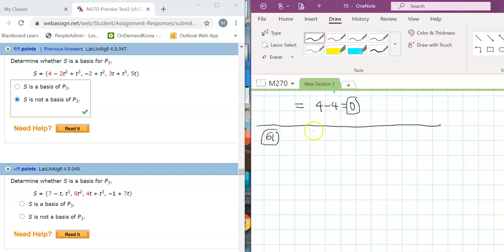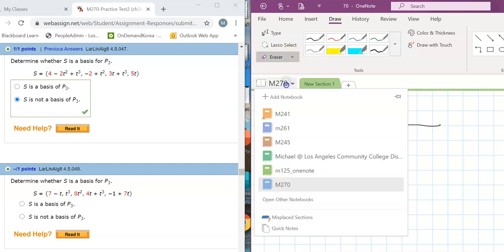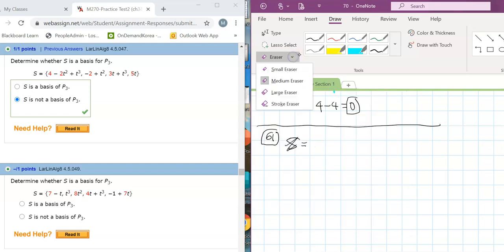61. Determine whether S is a basis for P3. Same question. So let's try this. How is this one different? Same thing. So I'm going to go ahead and not copy that. Okay, here. So now, do the same thing.